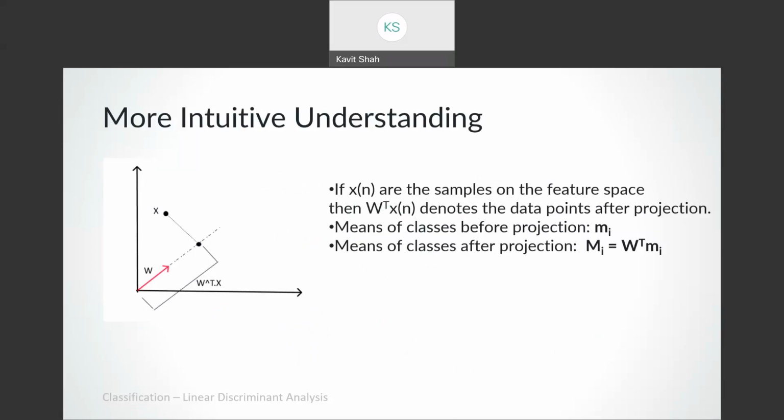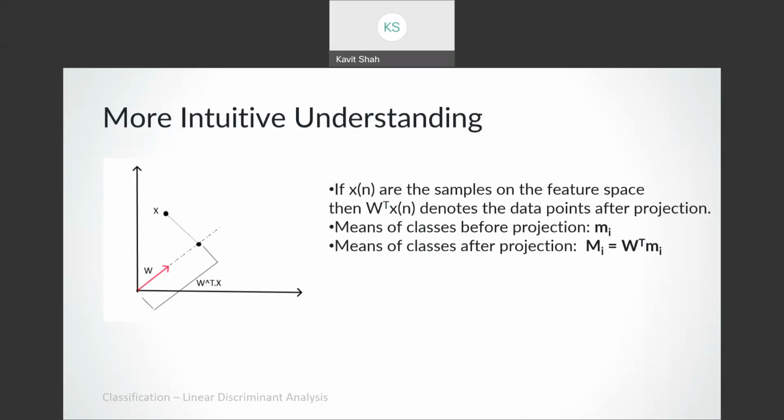Now, let us take an intuitive understanding of what Fisher's LDA method basically is. Suppose we are given n samples, which we need to divide into two classes, say C1 and C2, where class C1 contains n1 data points and class C2 contains n2 data points.